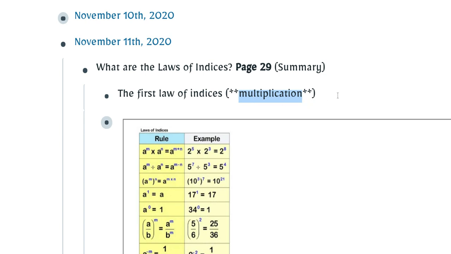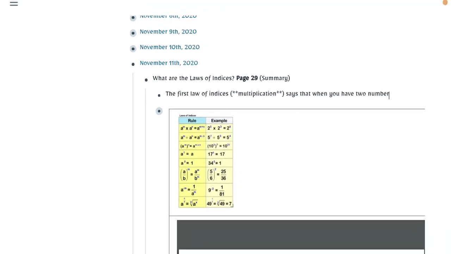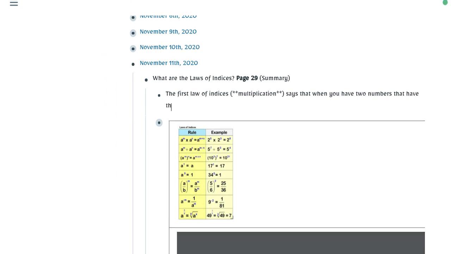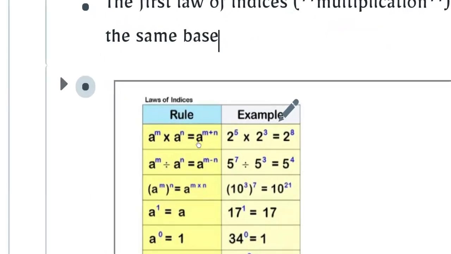The first law of indices, multiplication, says that when you have two numbers that have the same base, and let me ask Harry, in this number A to the M times A to the N, what would be the base?